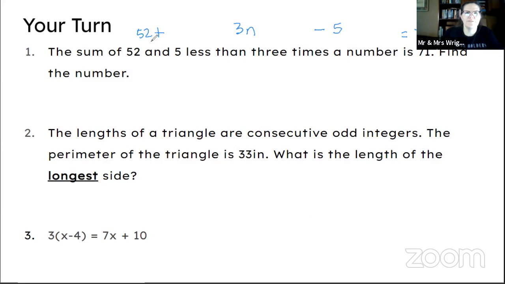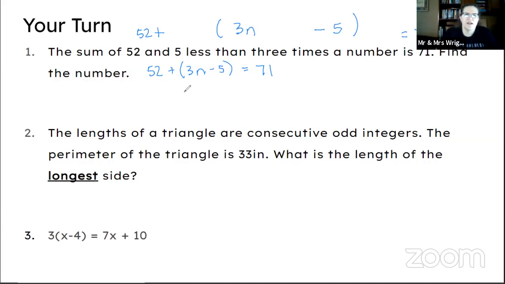So the two things I'm adding together are 5 less than 3 times a number and 52. So I'm going to have 52 plus (3n minus 5) equals 71, because I'm adding two things, the sum of 52 and this.